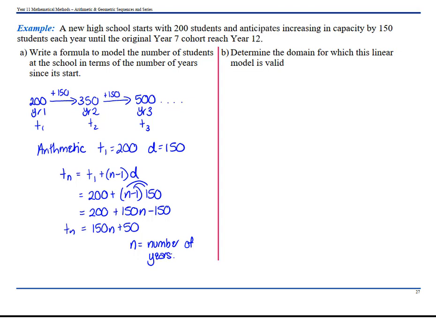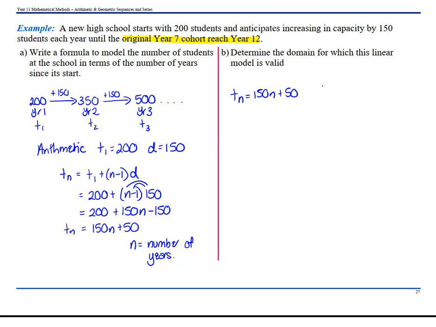Okay, now the next question says determine the domain for which this linear model is valid. Okay, well, we've got Tn equals 150N plus 50, and it says the original Year 7 cohort reach Year 12. So you've got Year 7, Year 8, Year 9, Year 10, Year 11, Year 12.